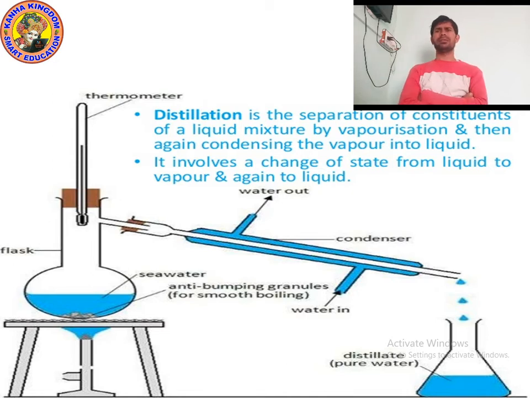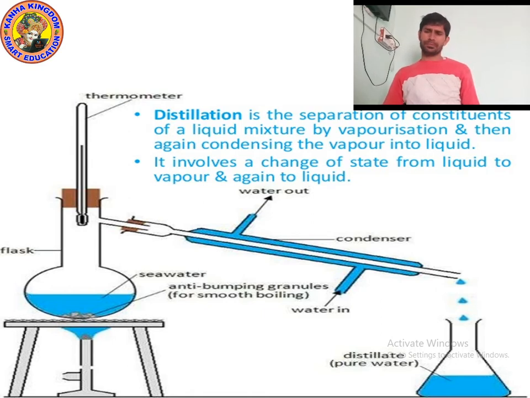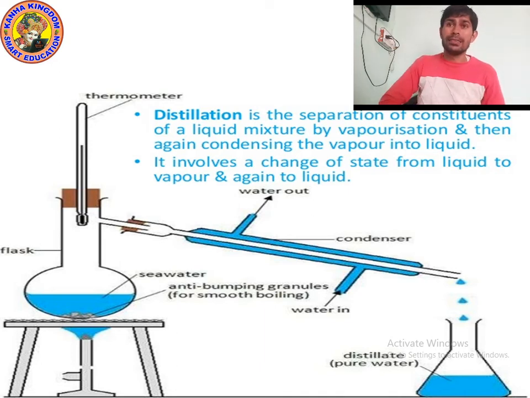So as you can see in the picture, you can see the burner. Above the burner you can see a flask. In the flask you take the impure water. You can take seawater, or any two liquids which have different boiling temperatures.